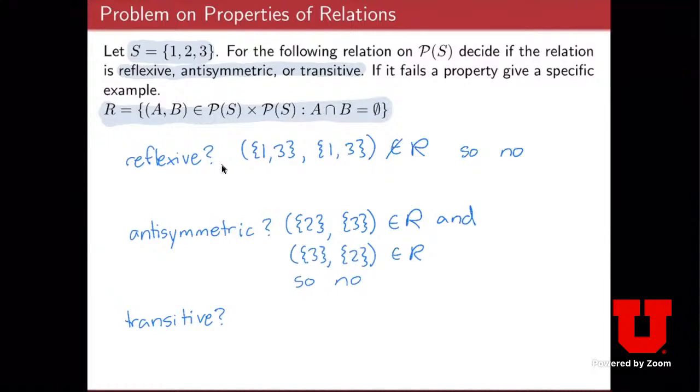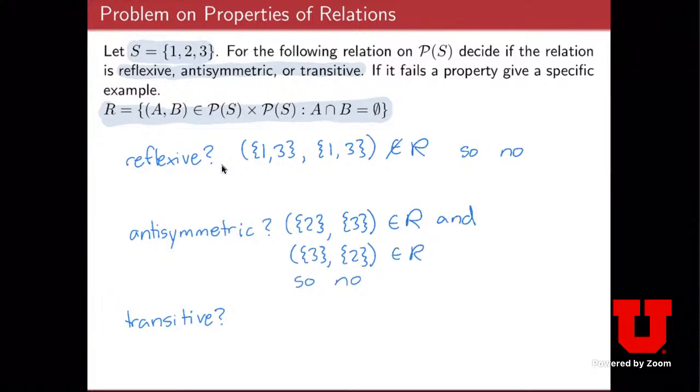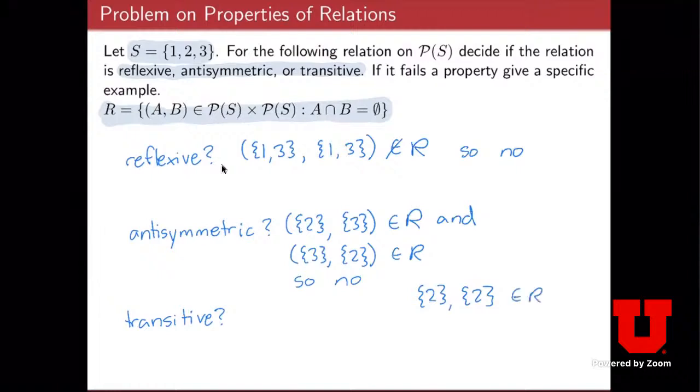So like the set AB belongs to the power set S times power set S. If 2 elements from A and B are the same, like the set 2, 2, so A is 2 and B is 2, can it be like that for the antisymmetric?